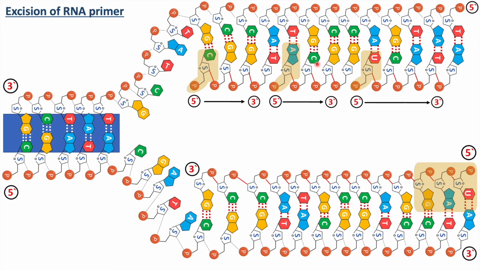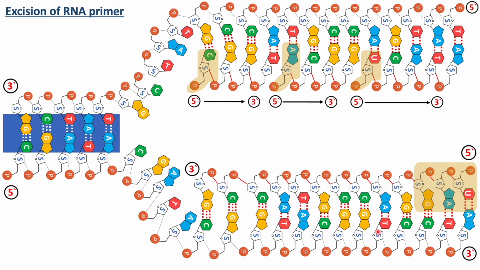Now another thing is excision of RNA primer. We saw that RNA primers have already served their purpose. They already provided the starting material for DNA polymerase to extend the new strand, and that starting material, if you remember, is the 3 prime hydroxyl group.